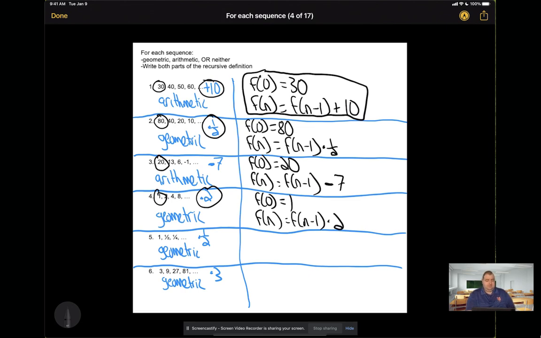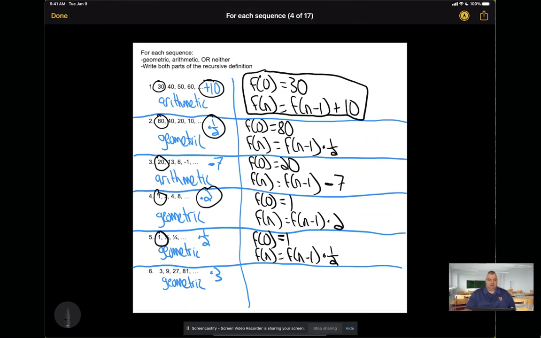Number 5, we have f of 0, again, equals 1. And then it's going to be f of n equals f of n minus 1. And our pattern is to multiply by half. So times 1/2.